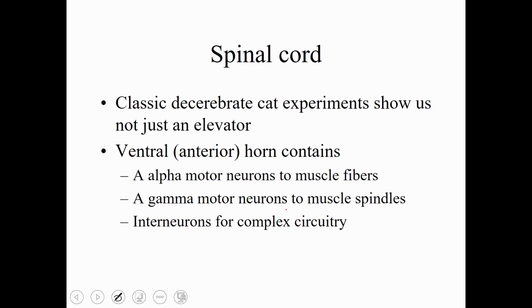A lot of what we know about the spinal cord comes from an animal model called the decerebrate cat. So the cat has an operation performed on its brain such that the cerebral cortex is separated from lower structures.